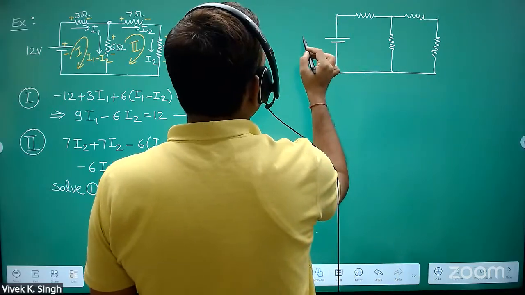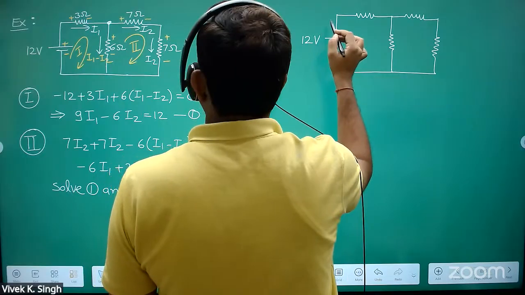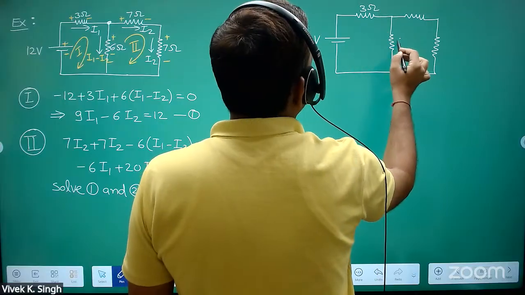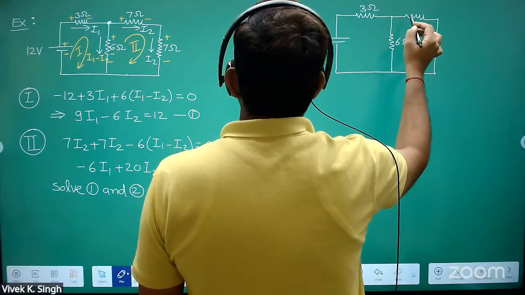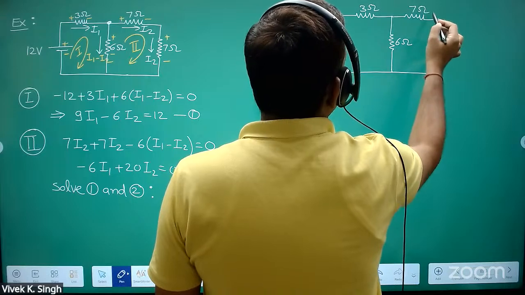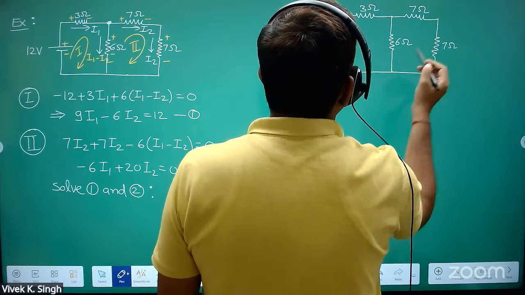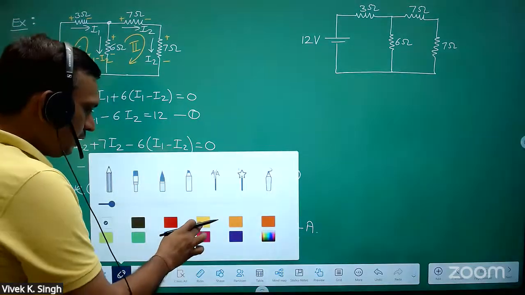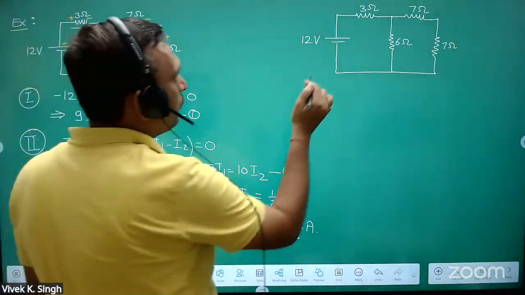So this is 12 volt. This will be 3 ohm. This is 6 ohm, 7 ohm and 7 ohm.